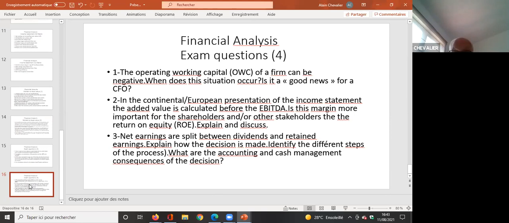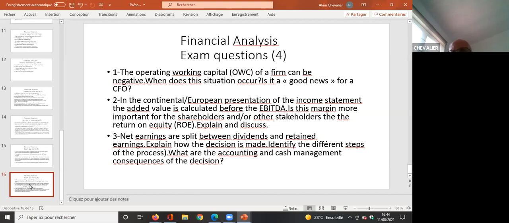It means receivables are very close to zero. And on the other side, you have a high level of credit brought by the providers. So when you make a calculation of the operating working capital, the result is high in terms of absolute value, but with a negative sign. So that's the best example.